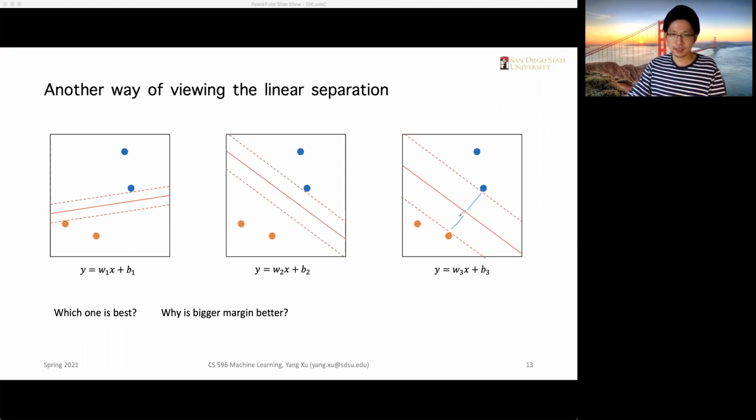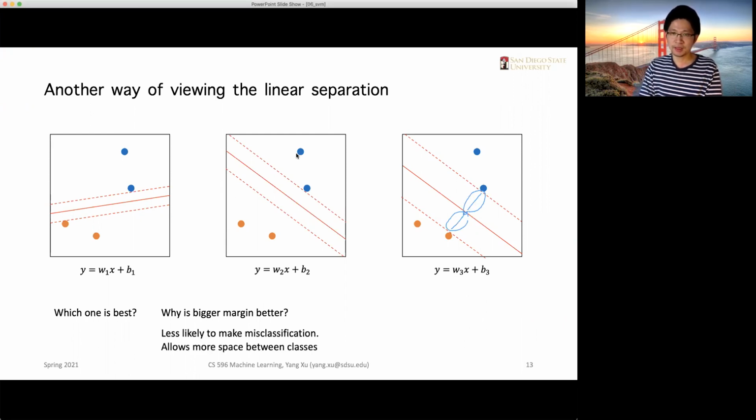In this case, we say the gaps or margins between the boundary and the most nearby data points are maximized. Only in this maximized margin case do we feel safer, because it's less likely to make misclassifications.